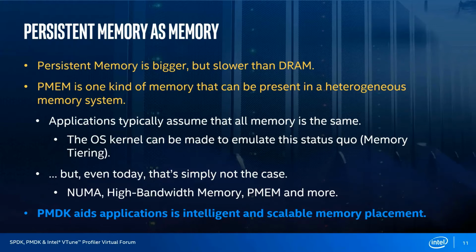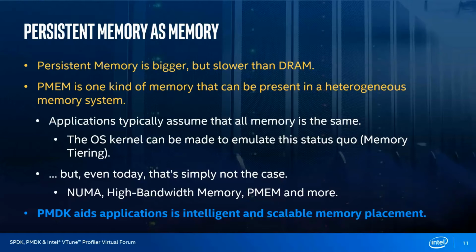But even if you don't have PMEM, you might already have a heterogeneous memory system. For example, if you have a multi-socket system where memory from a remote socket has different characteristics.